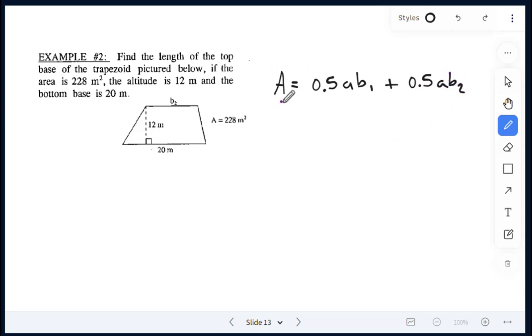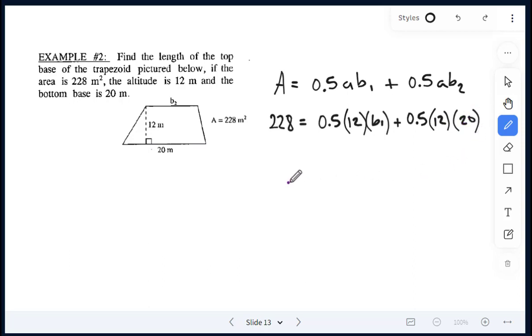We know our area is 228. 0.5, the altitude is 12, and then B1 is what we're solving for. And then 0.5, altitude is 12, base 2 is 20.